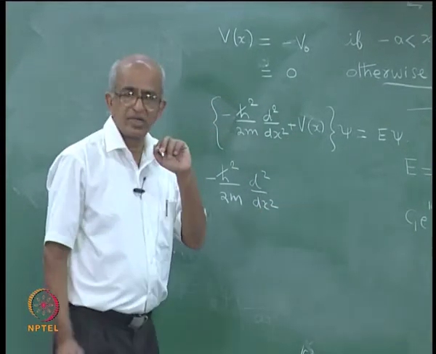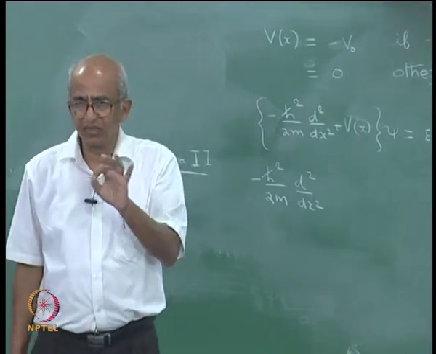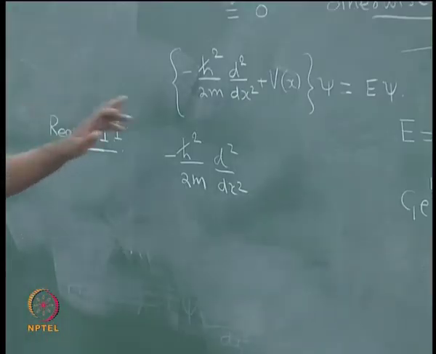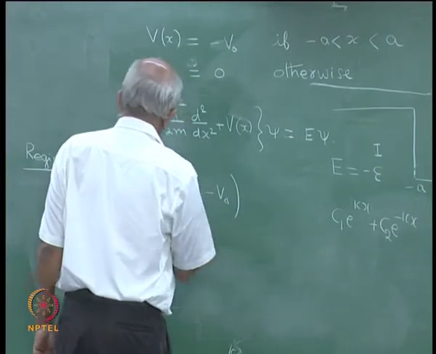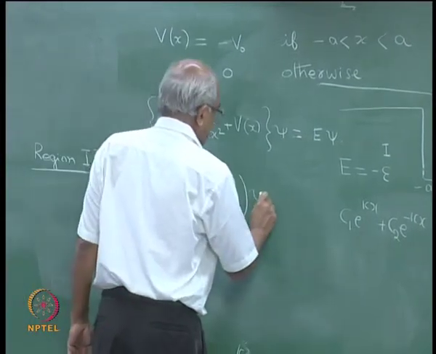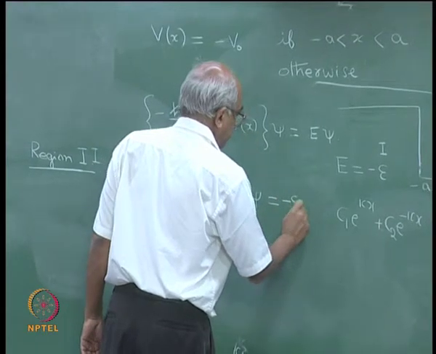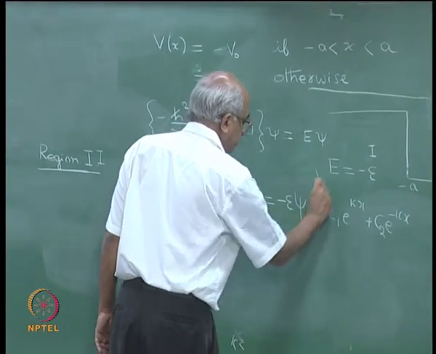What is the potential energy of the system? If the particle is in that region, then it is minus V 0, so minus V 0 psi is equal to minus epsilon psi. This is the differential equation.